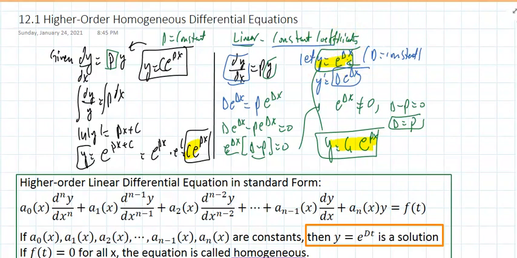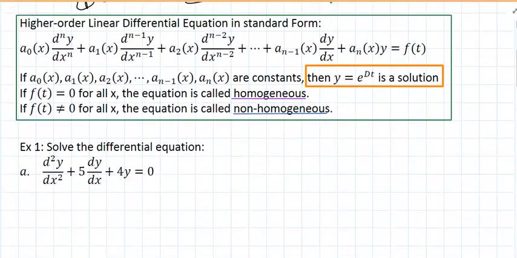So if I look at a higher order, in chapter 11 we used first order. Now we're talking about any order. Higher order linear differential equations. If you look at an nth order differential equation, and if those coefficients right there are all constants, then here's the key: let y equal e to the dx be the solution.